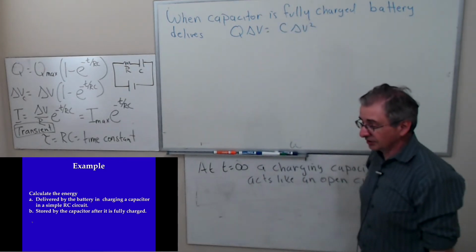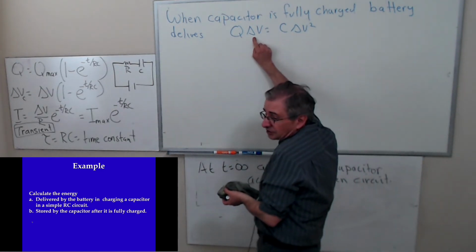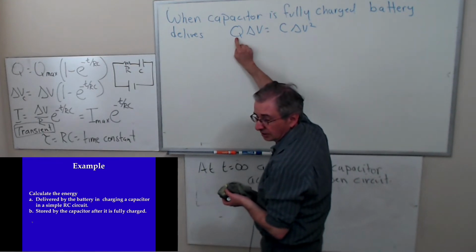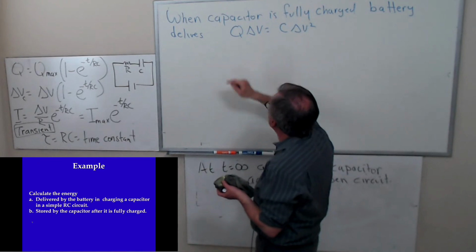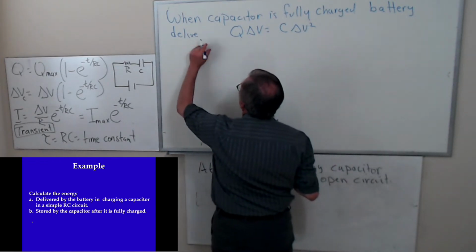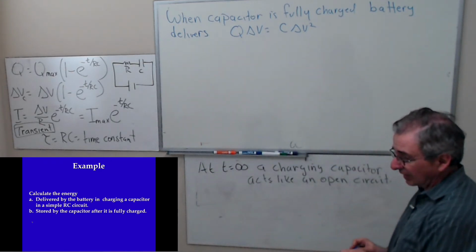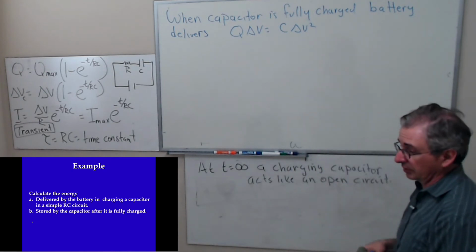The voltage across the battery never changes, and it delivers this much charge. So the total work it does is Q delta V. That's the energy delivered by the battery. You can write it as C times delta V squared because Q is C delta V.